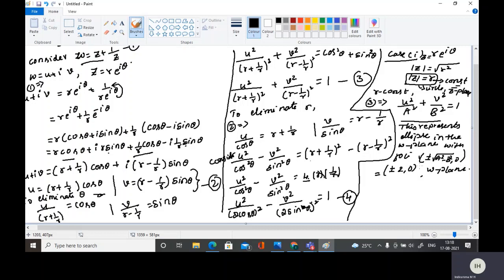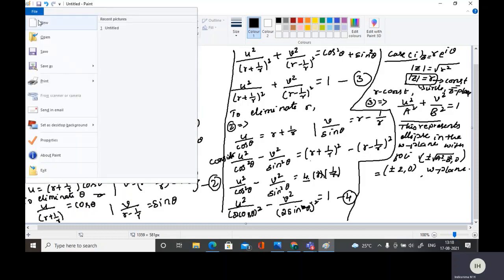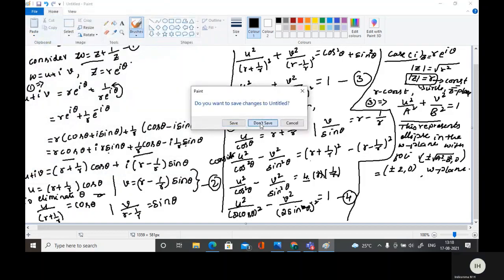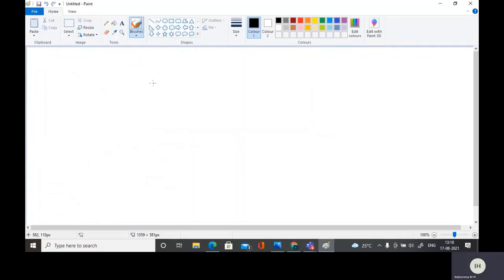So next we have to consider case 2. To consider case 2, I will go to the next page. Case 2: here we consider r as constant. R constant, that is mod z equal to r, represents a circle with center at origin.